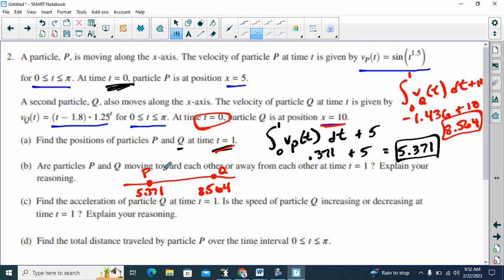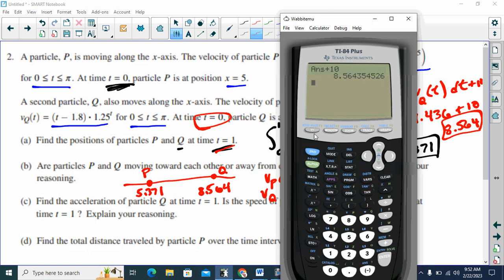We need to know which way P is moving and which way Q is moving. So I need to know the velocity of P at time 1 and the velocity of point Q at time 1. You can get that either by plugging 1 into the equation, or I'm going to turn both graphs on.